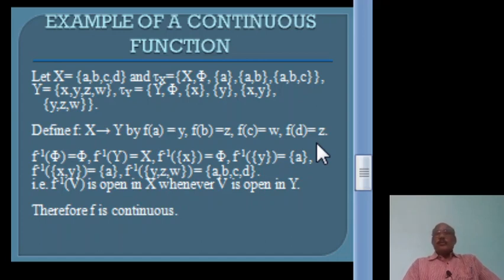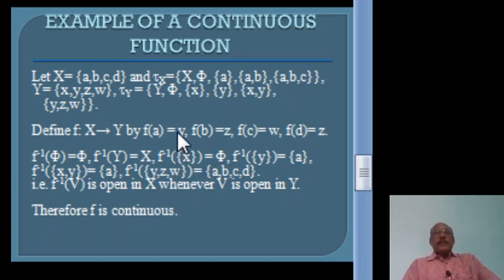The first open set in Y is the empty set. So first we find the inverse image, F inverse of the empty set, which is always the empty set, and this is open in the first topological space X. Then the second open set in Y is Y. So let us find F inverse of Y. In all cases, F inverse of Y is equal to X, and X is open in the first topological space X. Okay, then we consider the third open set, singleton X in tau Y. F inverse of singleton X: for which point is the image X?